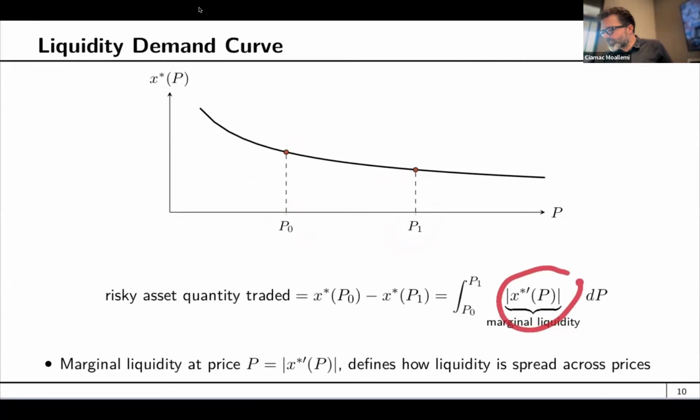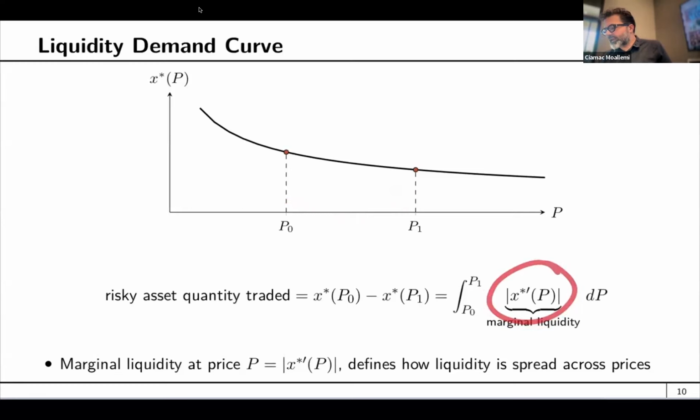And in particular, the derivative of this curve, of the liquidity demand curve, we're going to think of as the marginal utility, right? In other words, when I trade from this price P0 to price P1, and I go through all the prices in between, as I go through each price P in between, the amount that I instantaneously trade is given by the derivative of that object.